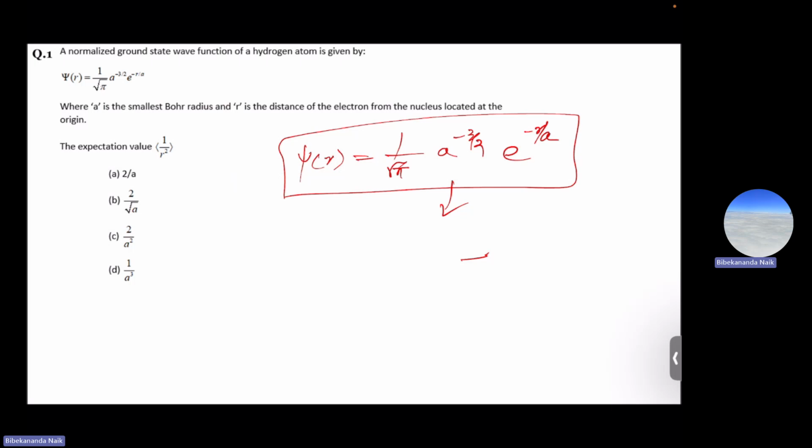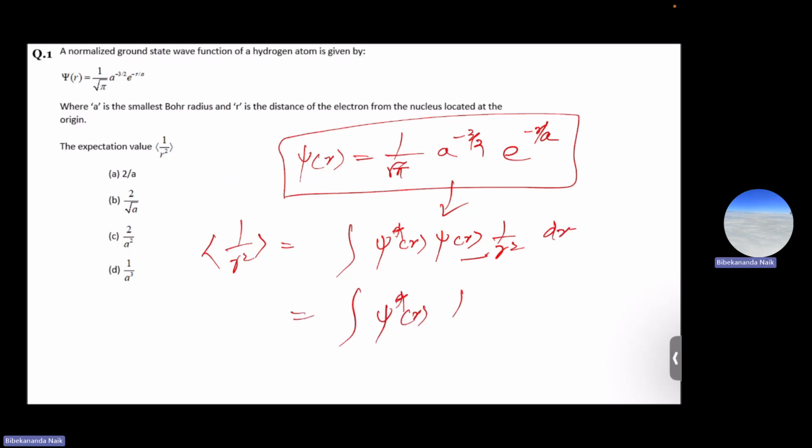The expectation value of a particular physical quantity, that is 1 by r square, is written as the integration of psi star psi 1 by r square dr, or more suitably psi star r 1 by r square psi r dr. Now we have the expression for psi r, so we will put it here and calculate the expectation value.